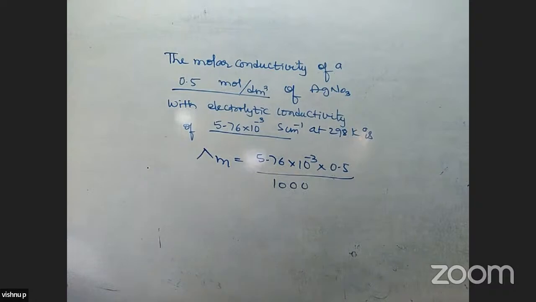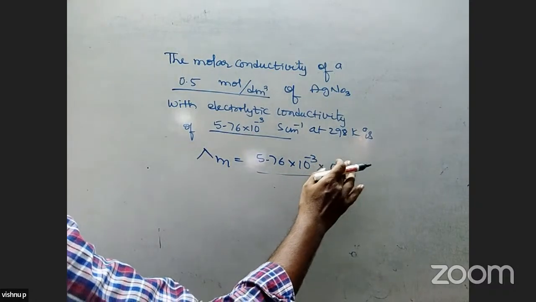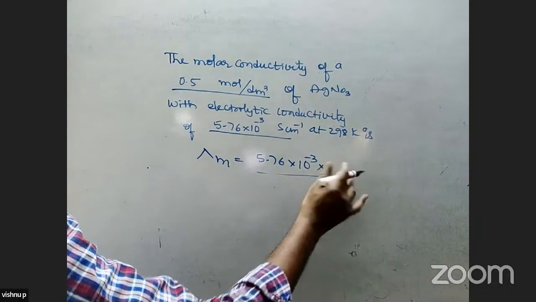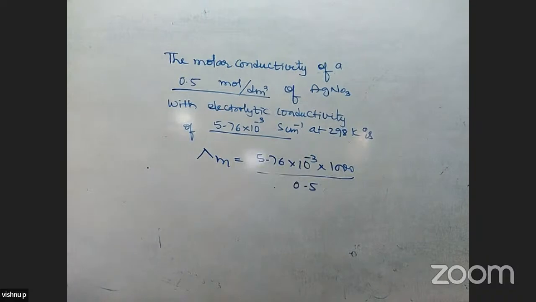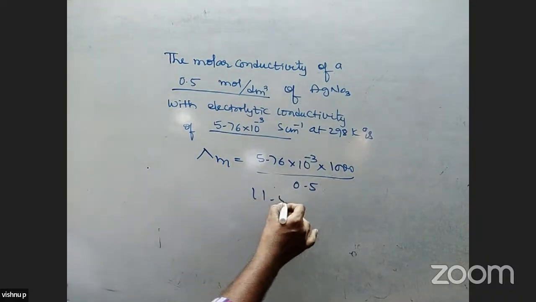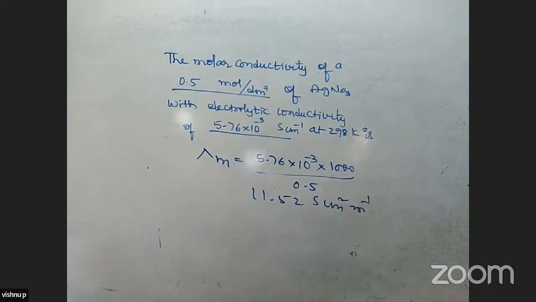Direct question it is. So what is the value we get? 11.52 Siemens centimeter square per mole.